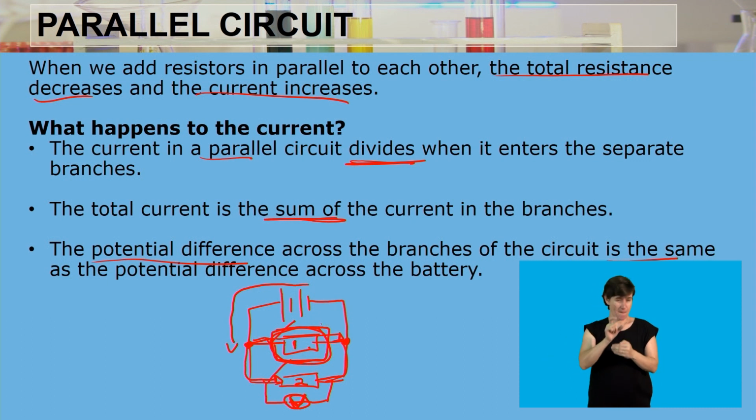So the potential difference across resistor number 1 is going to be the same as that across resistor number 2, and also the same as that across the entire battery. So that's what the third bullet is saying.